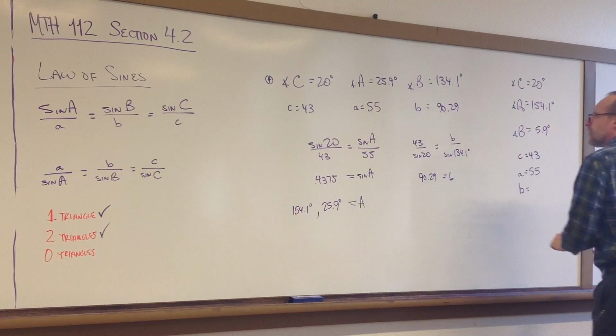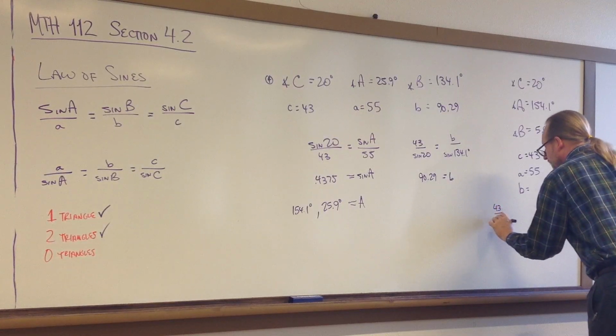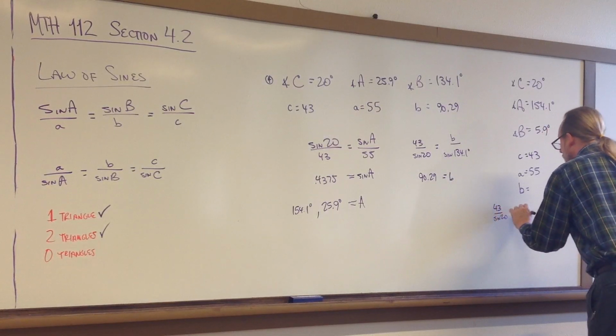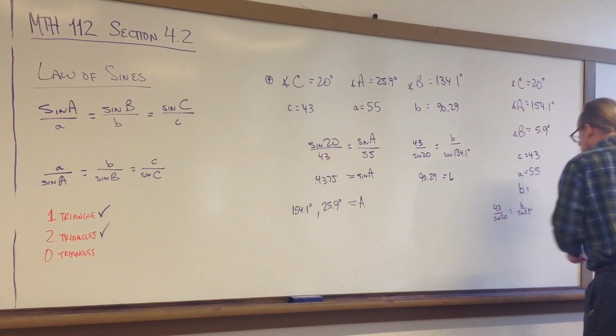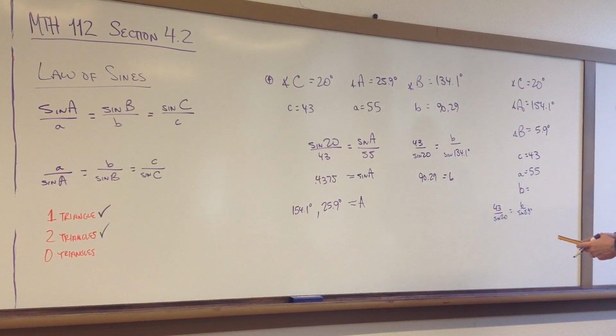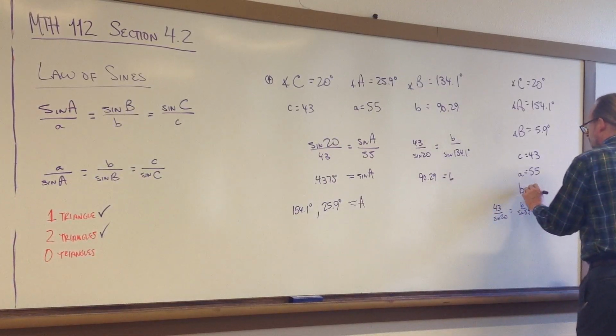Okay, and then this one down here, 43 over sine 20 equals B over the sine of 5.9. 43 over the sine of 20 times the sine of 5.9, 12.92.